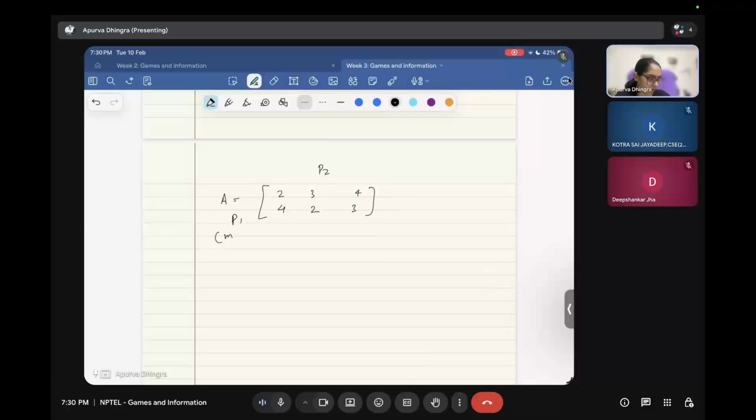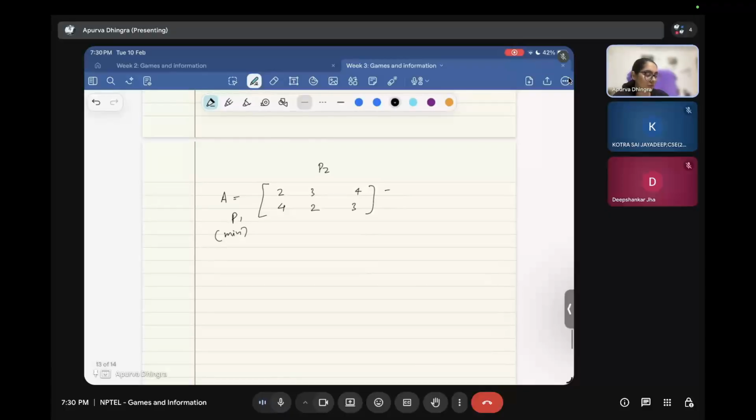Player 1 is minimizing as always. Then instead of just choosing one row, I can assign a probability to each row. Let me say I'll choose row 1 with some probability p, and hence the other row would be chosen with probability 1 minus p. So now this becomes the strategy of the first player.